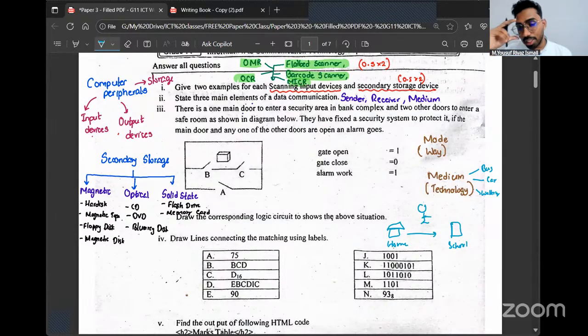A mode is something like this. When you're going to your school, there are different routes.